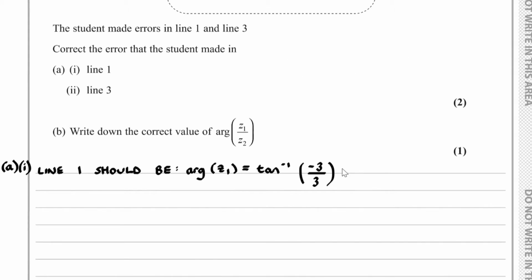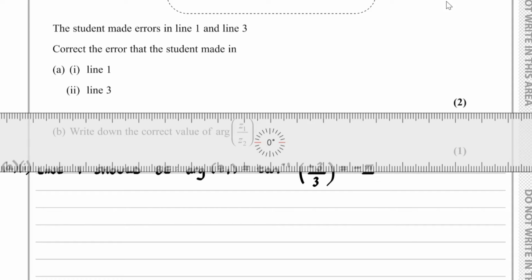And so working this out, the argument of z1 is equal to negative pi over 4.